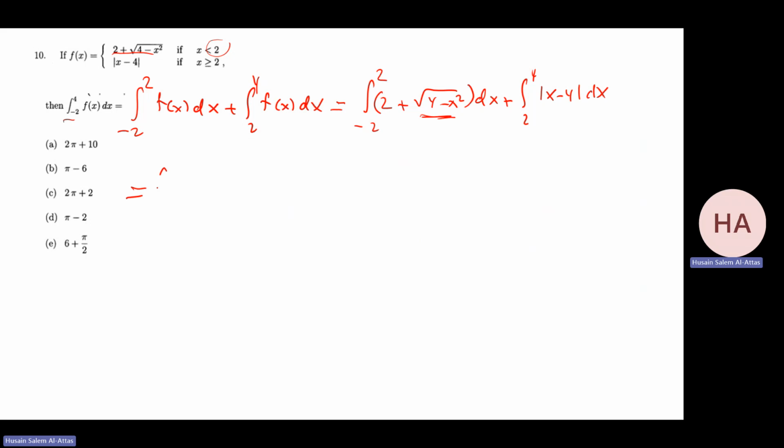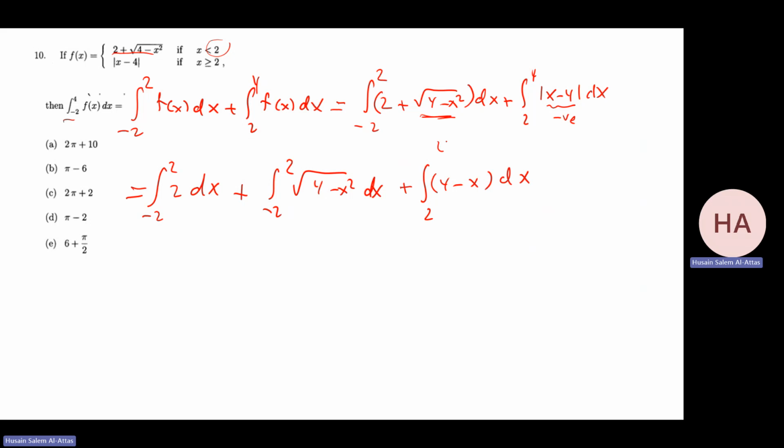So this can be written integral from minus 2 to 2 of 2 dx, plus integral from minus 2 to 2 of square root 4 minus x squared dx. This one I notice between 2 to 4, this will be negative. So this is plus 4 minus x dx from 2 to 4.